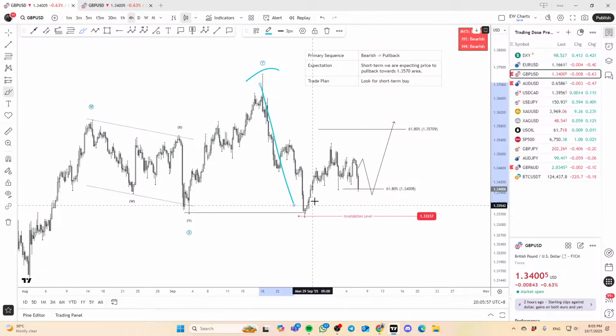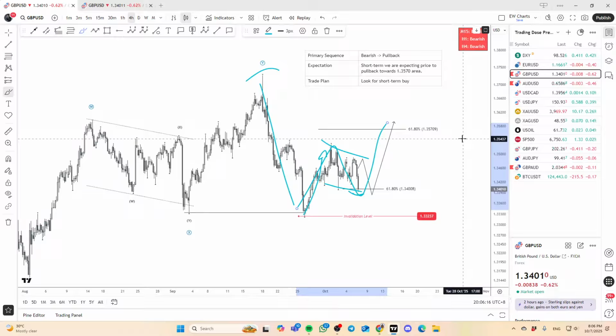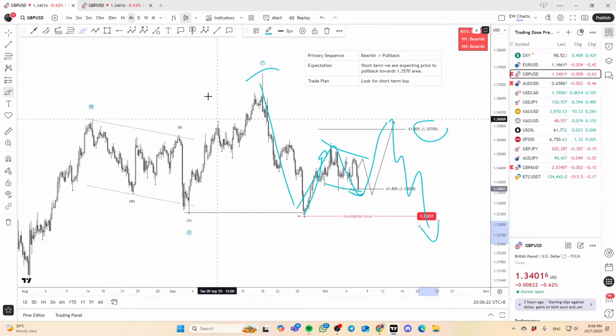But after this impulsive push, we did see some meaningful pullback, and then the price seems to be doing a little bit of a flag structure here, which from an Elliott wave perspective is essentially what we call an impulse correction. And of course, the 618 fib becomes a key level, and then we kind of expect a 3-wave move. Very simple projection towards this area at 1.3570, and then potentially price can make a move lower, and then that continuation to the downside.